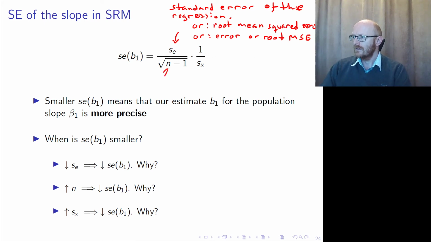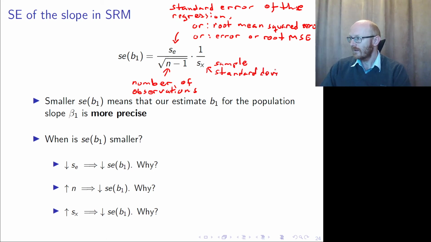And n is the number of observations, and the S of x is just the sample standard deviation of x.